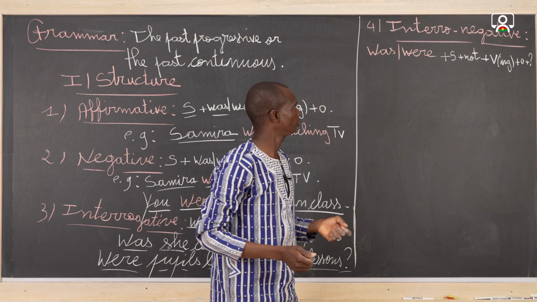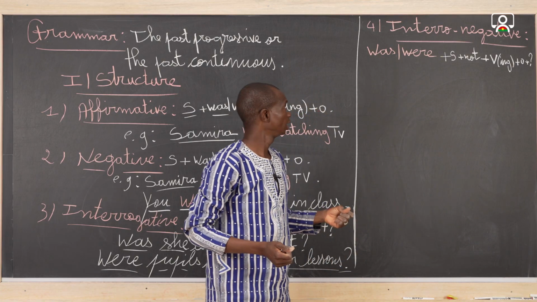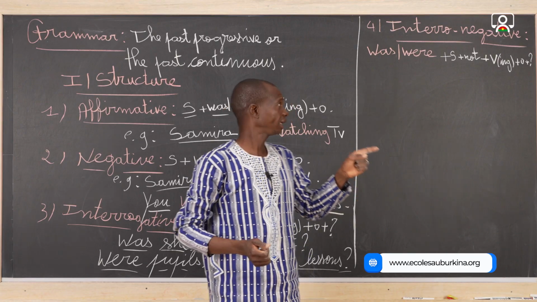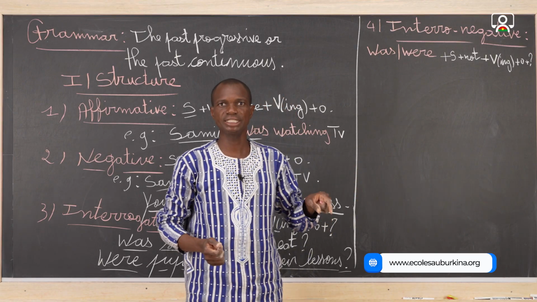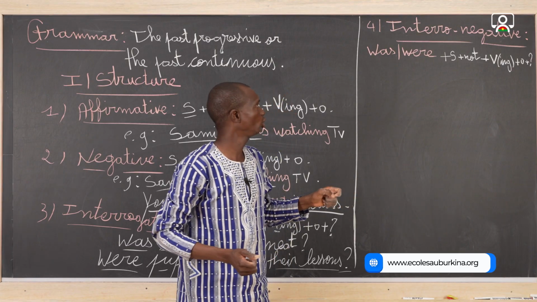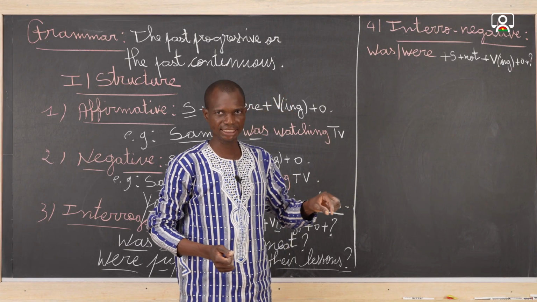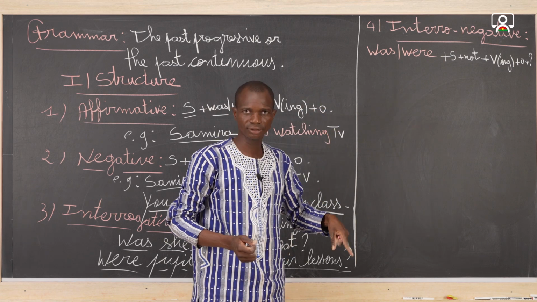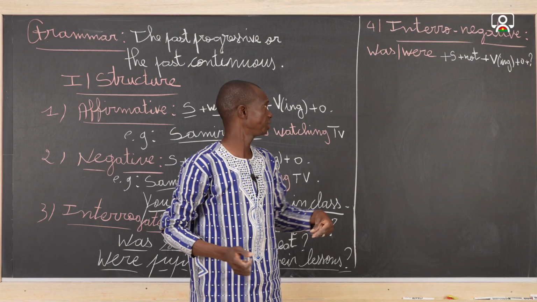And the interrogative negative form, as I told you last time, means that the sentence is interrogative and negative at the same time. That's why it's called interrogative negative form, meaning that it is interrogative and negative at the same time.